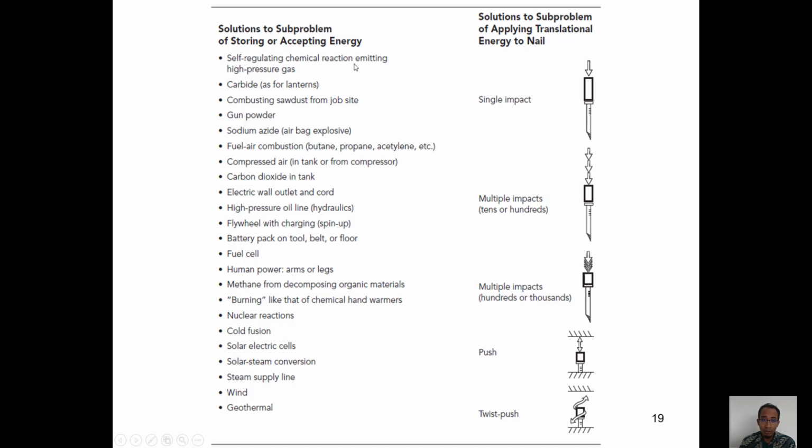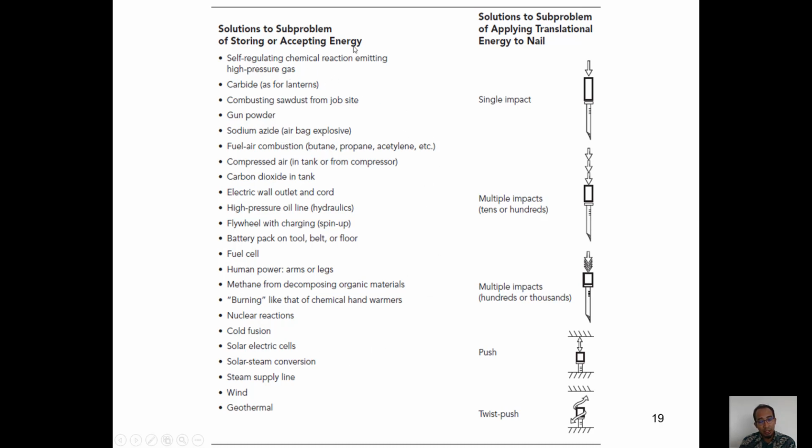So please don't forget that in decomposing the problem before, we had things about storing or accepting energy, and we also had applying translational energy to the nail. So from the external and internal search, we might have lists like this.